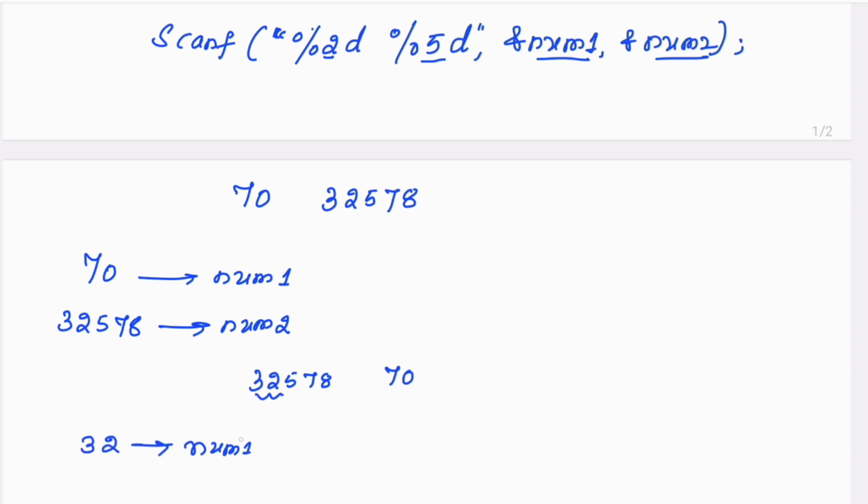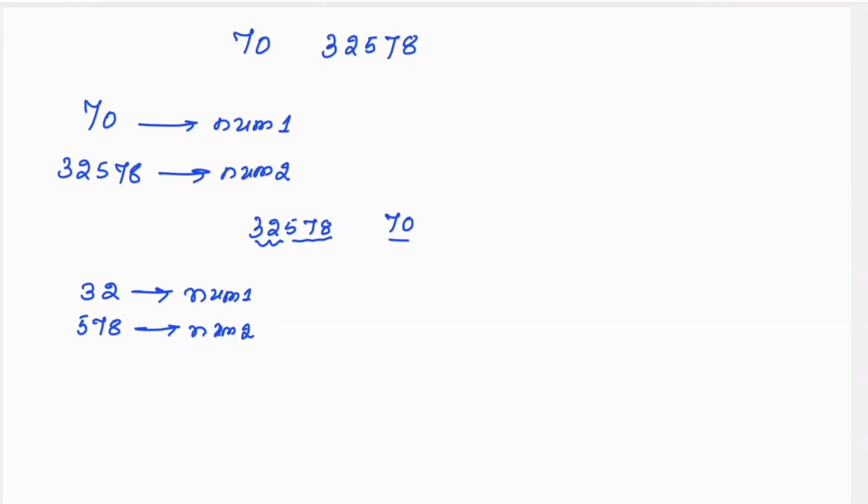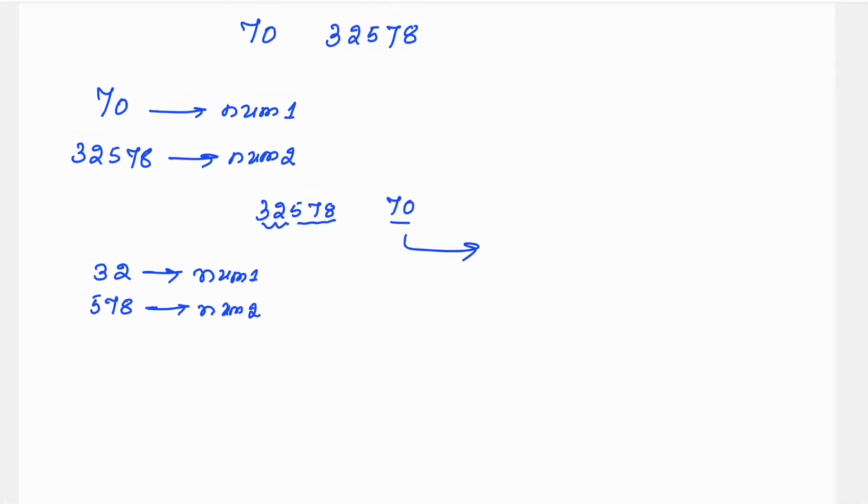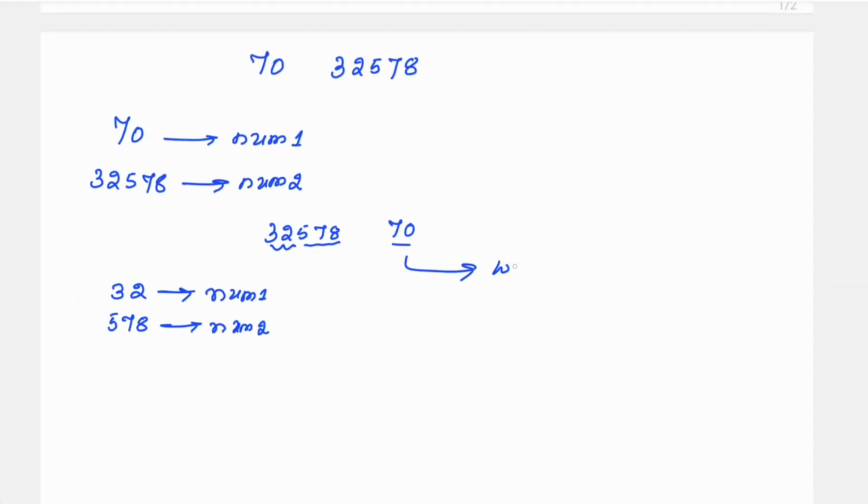Only this 32 will get assigned to num1. And 578, the last three digits of the first value, will get assigned to num2. And finally, what is left out is 70. 70 is not taken at all, and it will be assigned to the first variable in the next scanf.